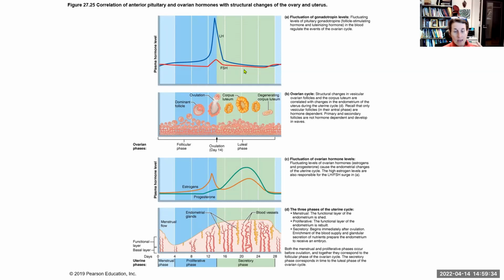Now, if fertilization happens and that egg becomes embedded in the uterus, then a pregnancy occurs. There's another hormonal feedback loop between the uterus, the growing placenta, and the ovaries, and that corpus luteum stays.